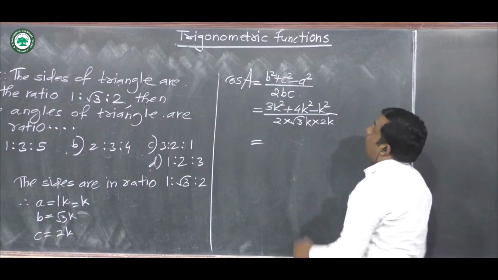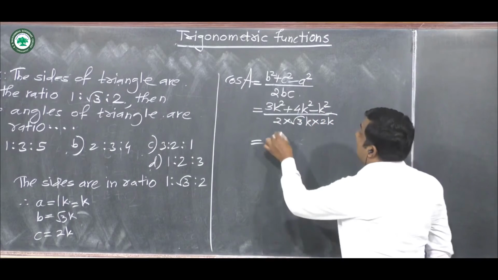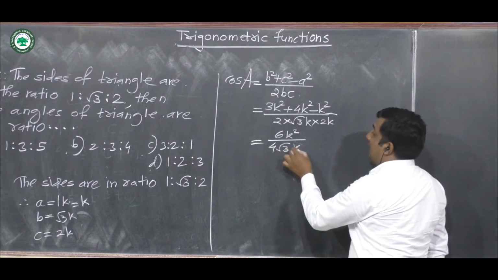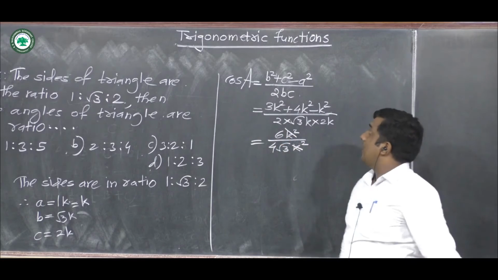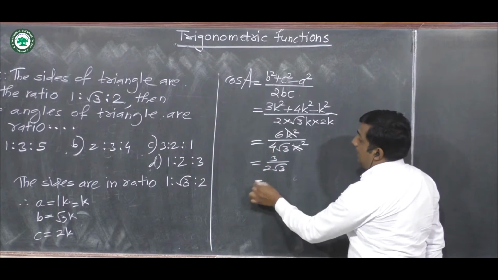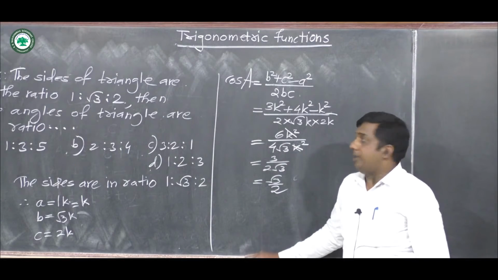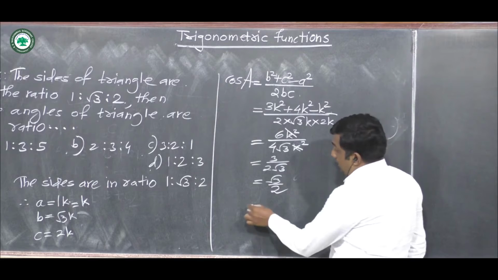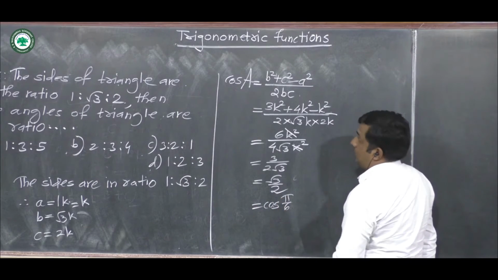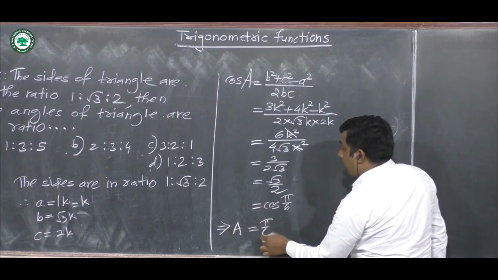This is equal to, we know 3k square plus 4k square is 7k square, minus k square is 6k square, divided by 4 root 3k square. Here k square and k square cancel, only remains 3 upon 2 root 3, and this is equal to root 3 by 2. And we know root 3 by 2 means cos of pi by 6. If we compare both the sides, we get A, and here A is pi by 6.